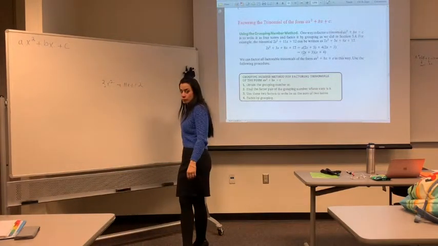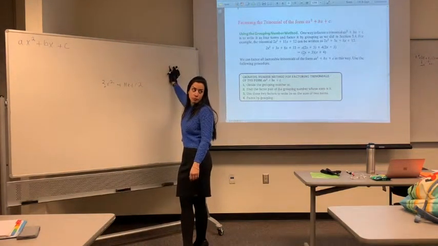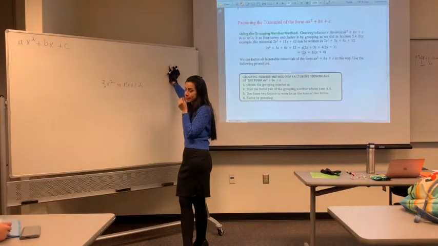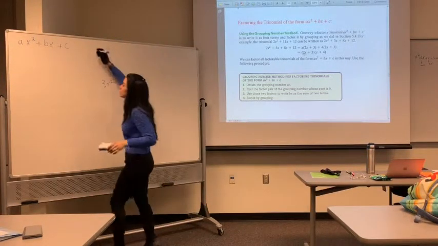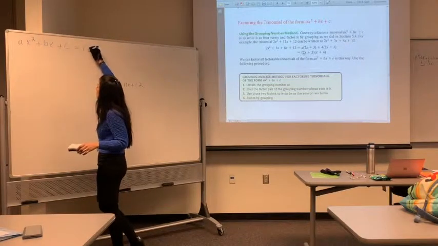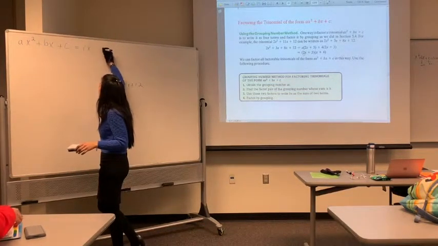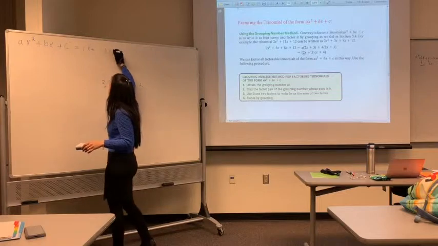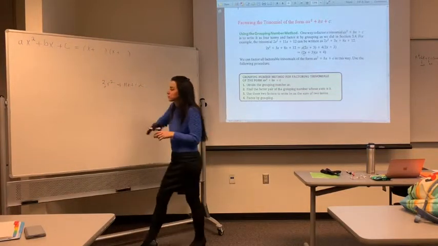So we have a coefficient for x squared. This will be equal to x plus something, x plus something else.